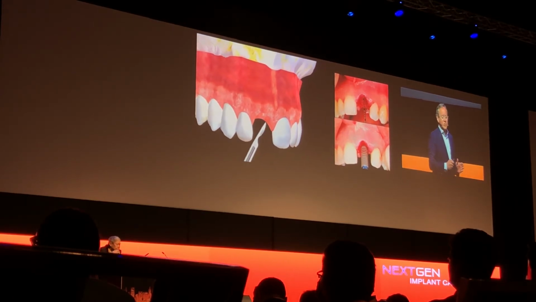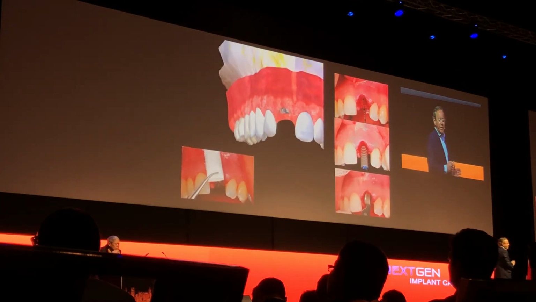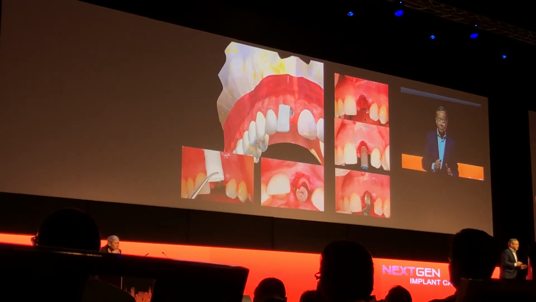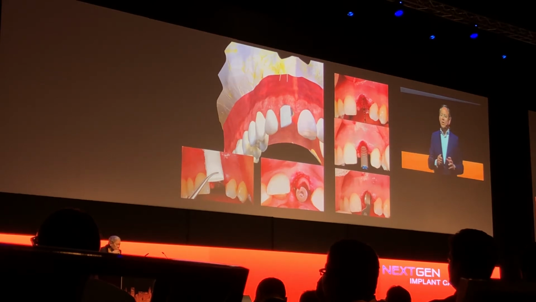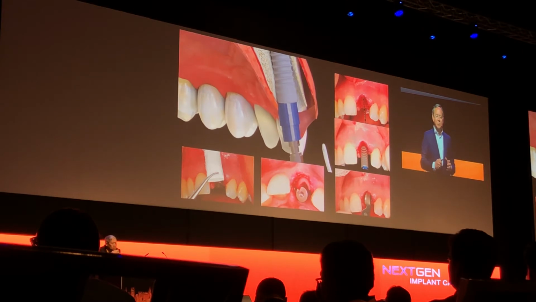And then, of course, it will be ideal if I place a graft in order to compensate the soft tissue changes. Nowadays, we are working with collagen matrices, trying to see whether these would help in a similar manner.